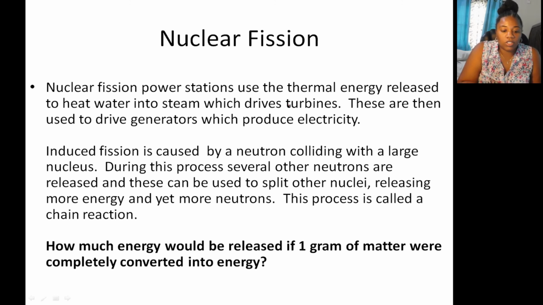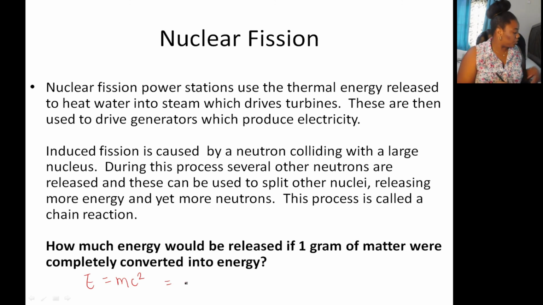How much energy would be released if 1 gram of matter were completely converted into energy? Well, this is much easier to work out. E equal to mc squared. So we have the mass in grams. So we're going to divide. So 1 gram would be, I need my calculator.